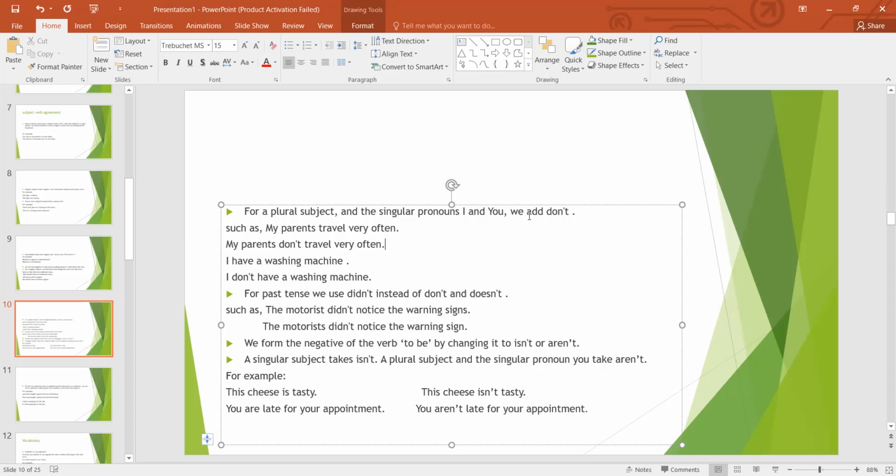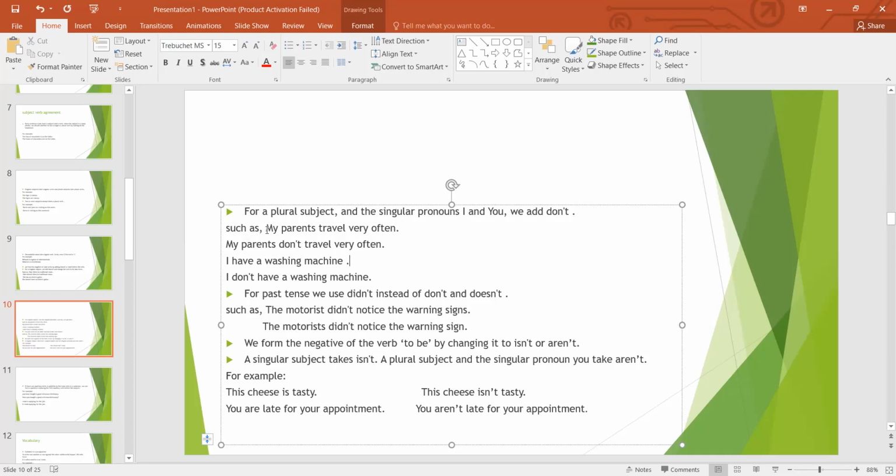In the present tense, we add don't, like I don't need this book, you don't need coffee. So with the pronouns I and you, we use don't. This is called singular pronouns.